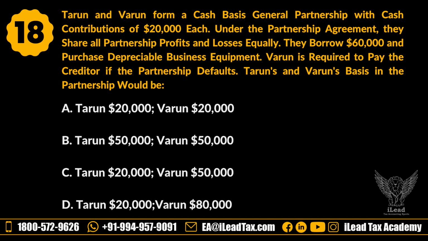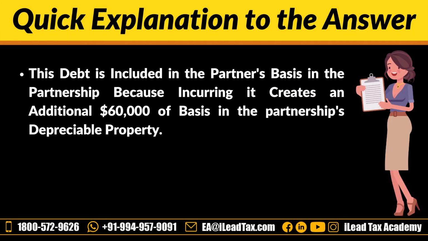So Varun's basis will be 60,000 plus 20,000, 80,000, whereas Tarun's contribution will be 20,000. So Tarun is 20,000, Varun is 80,000.